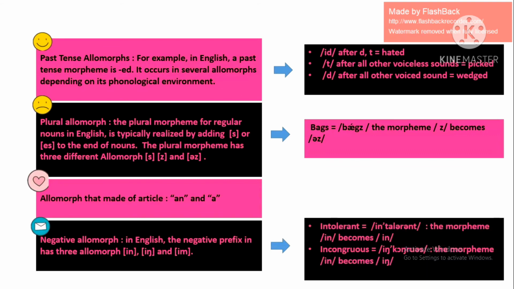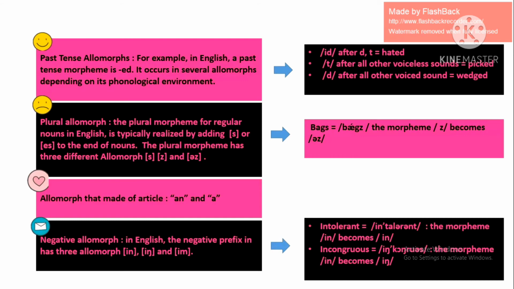For example, in negative allomorph is intolerant. We can see that the symbol of negative allomorph, the morpheme in, becomes in. And the next example for negative allomorph is incongruous. We can see that the negative allomorph, the morpheme in, becomes in.